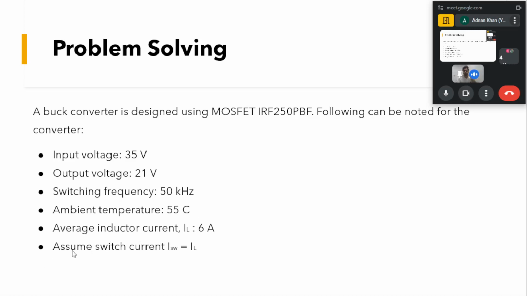Also, the switch current is assumed equal to the average inductor current, and the ripple has been neglected.